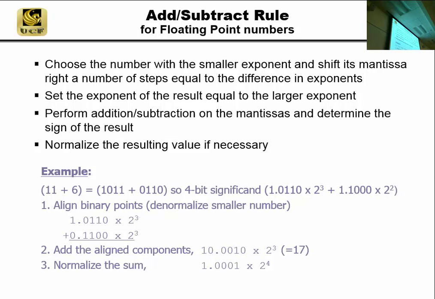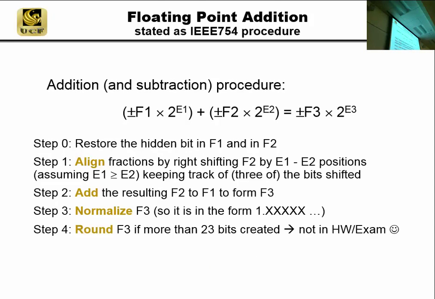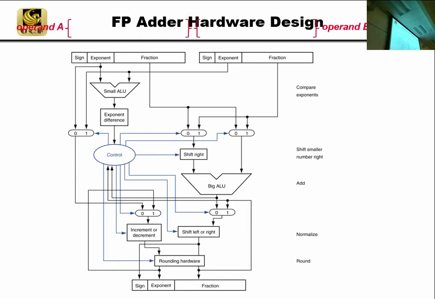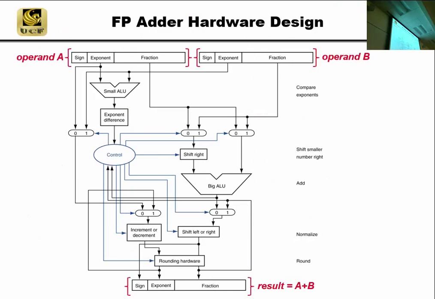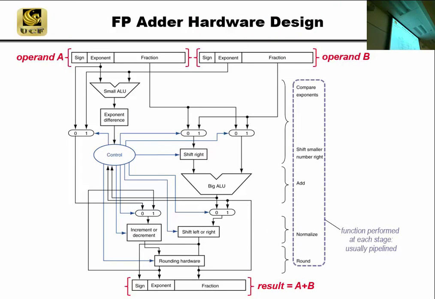Where does that occur in the circuit? The shifting is occurring here, but remember I said you could have just a shift right or just a shift left, if you know the right one to shift. In this case, we make a decision using the multiplexer based on this subtraction result.